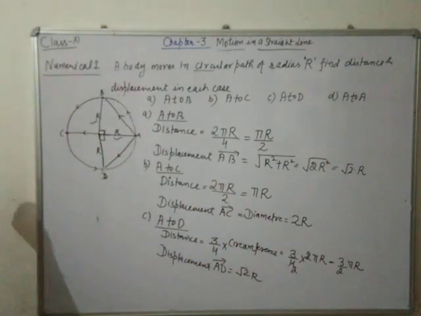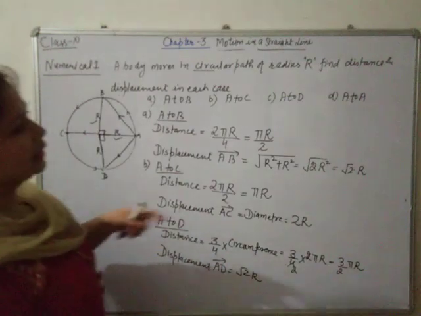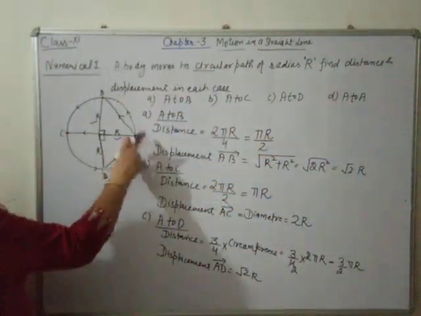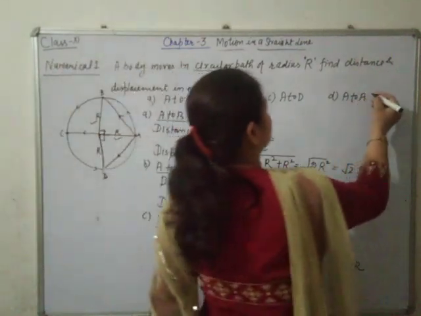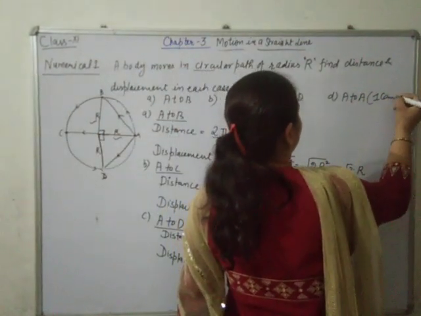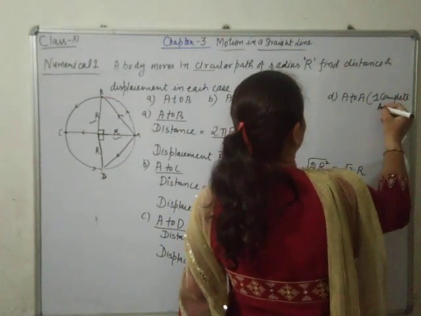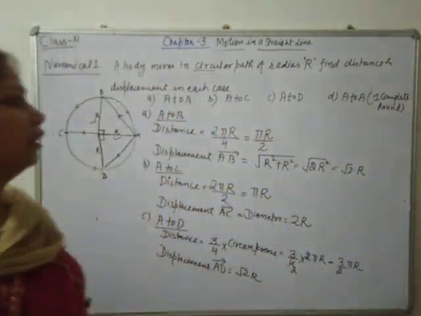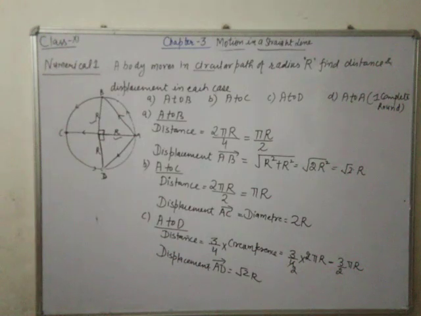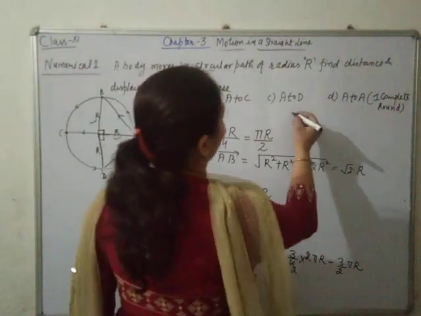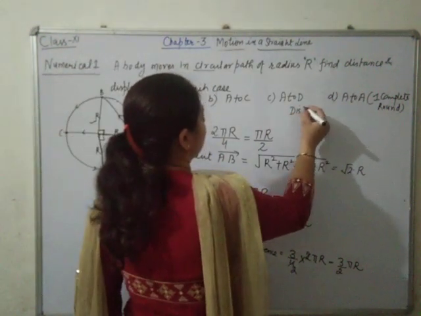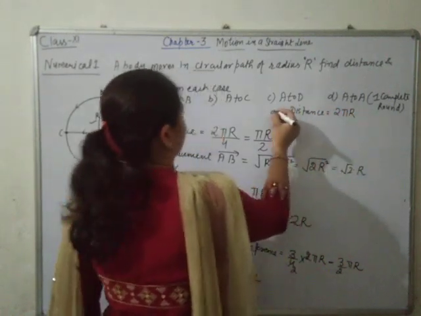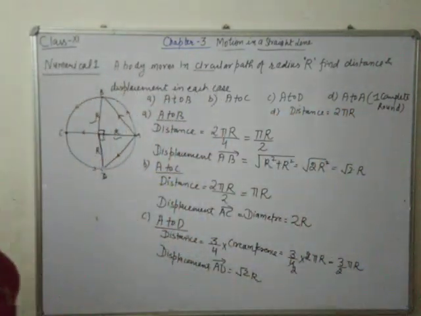Now in the last case we have to find out distance and displacement from A to A after one complete round. It must be mentioned after one complete round, because after completing 2 rounds it will be twice, 3 rounds it will be thrice. So after completing 1 round, distance will be equal to 2 pi r. And what about displacement?